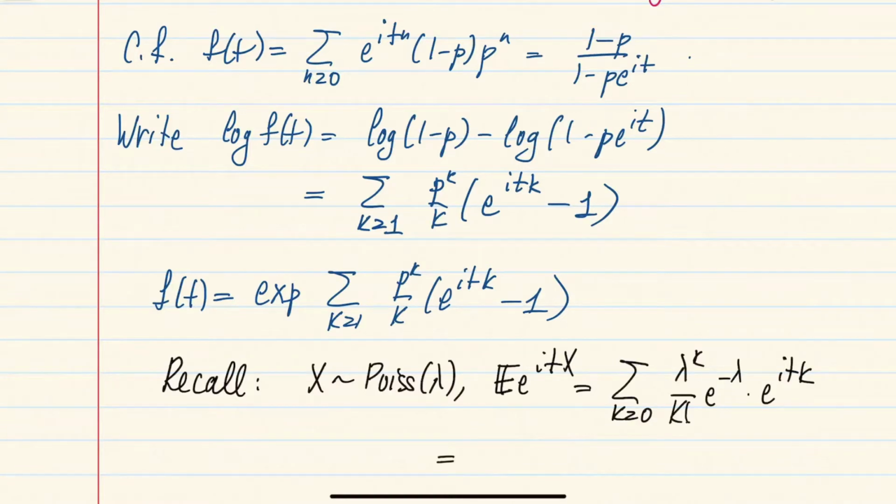And then we can see that this is e to the minus lambda, and the rest of the series is again just a series for the exponential with parameter lambda times e to the it.